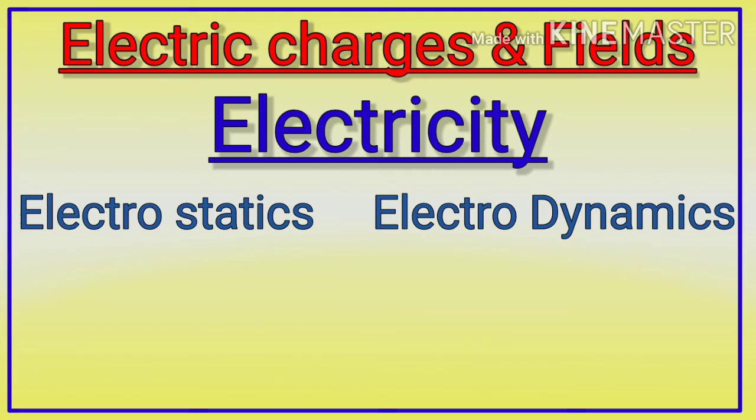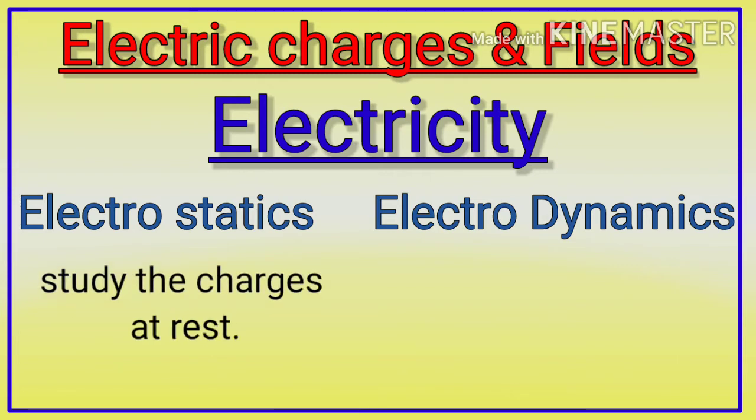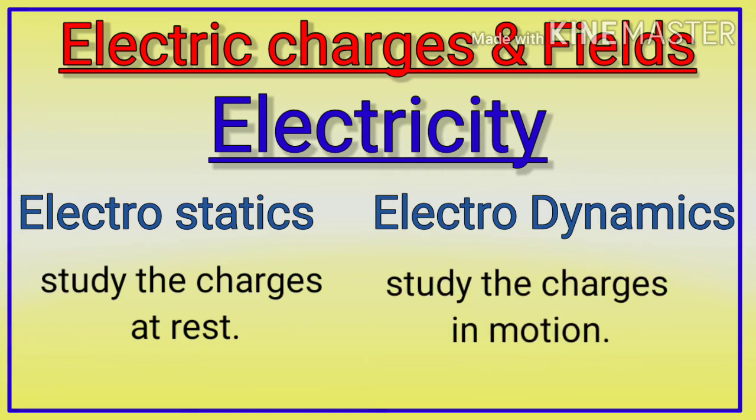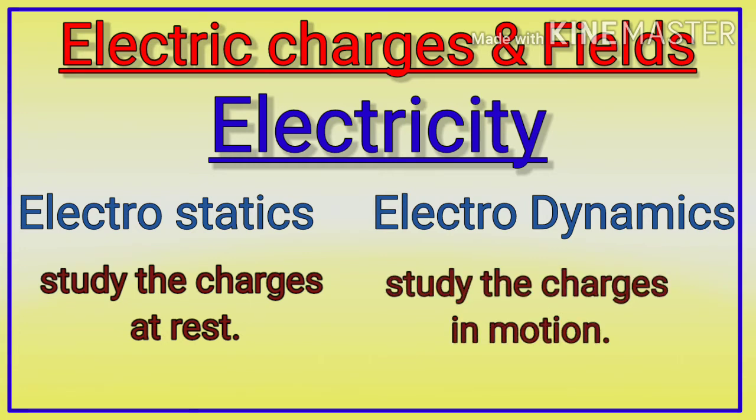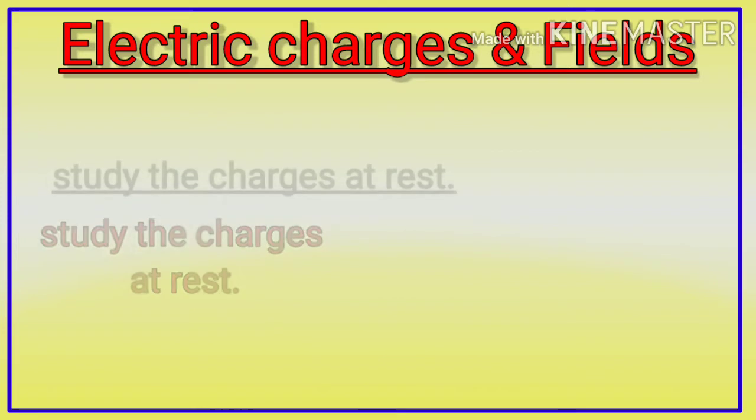Electrostatics is the branch of physics in which we study charges at rest, whereas in electrodynamics we study charges in motion. Once again, electrostatics means charges at rest and electrodynamics means charges in motion. Today we are going to study charges at rest.